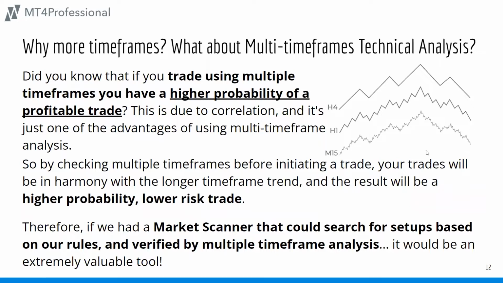So if you look at the charts on the right, you can see 3 different time frames: 15-minute, hourly, and 4-hour. If you look at the 4-hour, it's fairly strong and very clean looking. If you look at the hourly chart, you can see that it's starting to get all choppy. Within each one of these long periods of trend, you can see several choppy periods on the hourly.